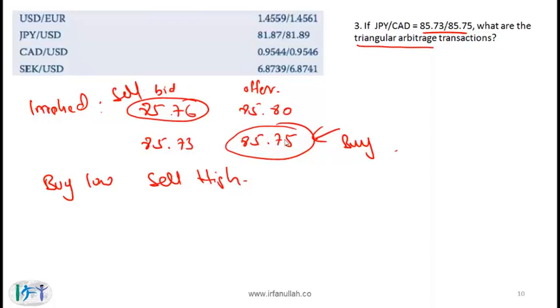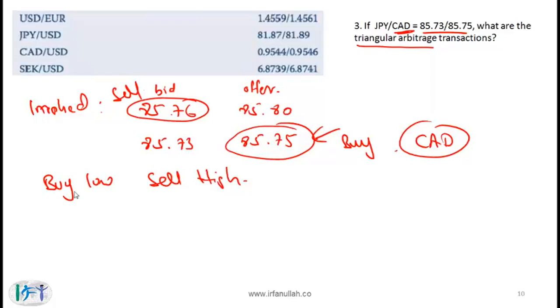Note that the base currency that we are talking about here is the Canadian dollar. So whenever we talk about buying or selling, it is in the context of the base currency, and the price of the base currency is in Japanese yen over here. So Japanese yen is the price currency.